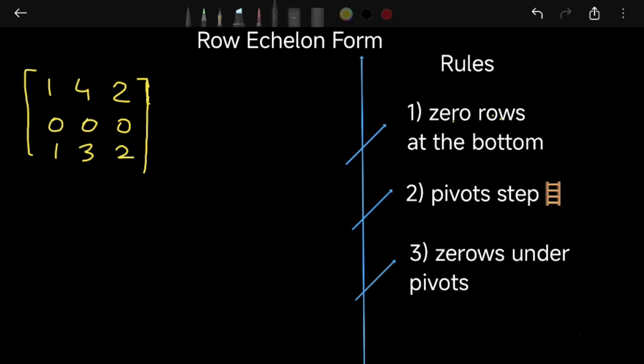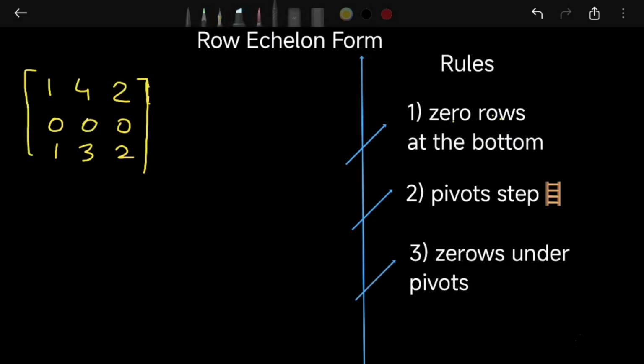Look at the first rule: zero rows at the bottom. If your matrix has a row which contains all zeros, then sweep that row to the bottom. So let's start with the row operation for sweeping the second row to the bottom.